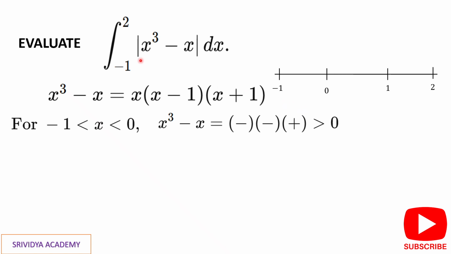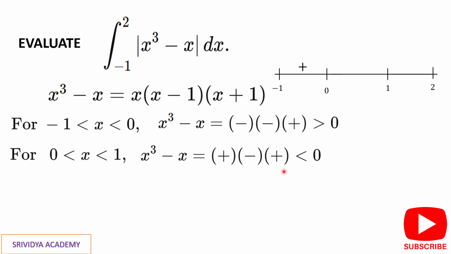Similarly, let us check the behavior of x cube minus x in the interval 0 to 1. In the interval 0 to 1, x cube minus x is negative. If you choose a real number between 0 and 1, say x equals 1 by 2, then x is positive, and 1 by 2 minus 1 in the second term gives a negative quantity.